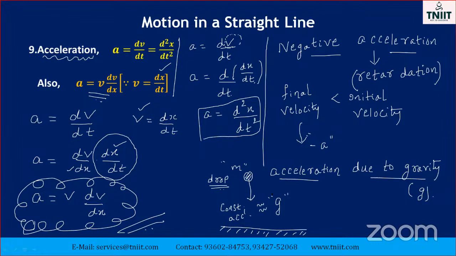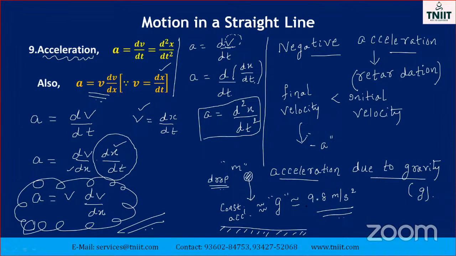It is nothing but the constant acceleration with which the object is attracted towards the Earth. And its value is 9.8 meter per second squared.